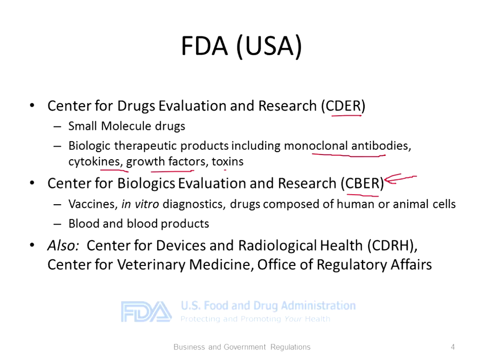So most of the time, we will be dealing with CDER, although CBER is involved in approving vaccines, in vitro diagnostics, and drugs composed of human or animal cells, or blood and blood products. Okay, so those are still covered by CBER.